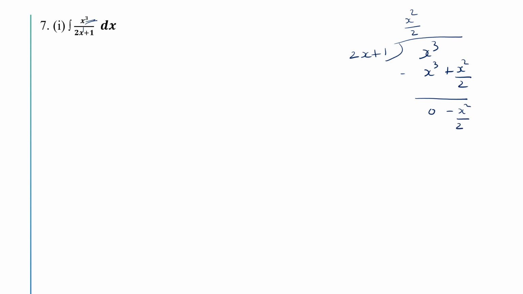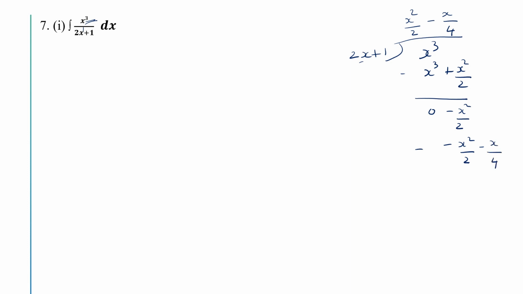Now again here we have to multiply 2x plus 1 with minus x by 4. So minus x by 4 into 2x will be minus x square by 2. Then minus x by 4 into 1 is minus x by 4.